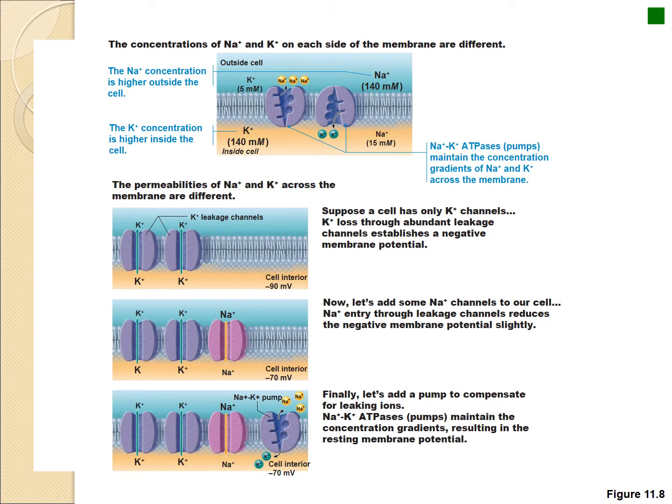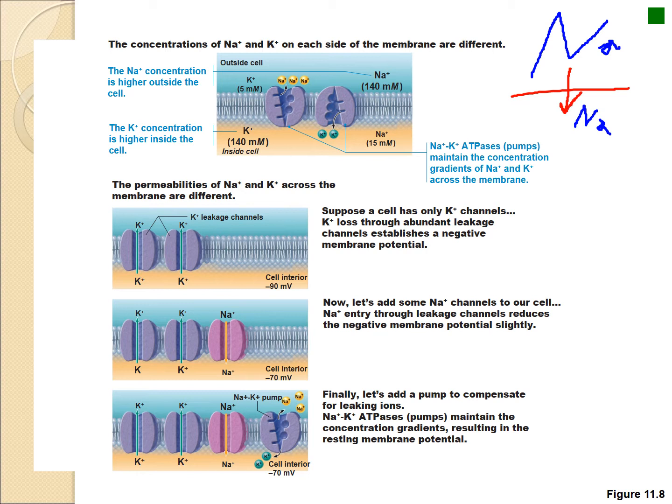So again, when we start looking at the resting cell, a resting cell is not really at rest. What it is doing is taking into account what we call leakage. Because this cell has a large amount of sodium on the outside and a small amount on the inside, the principles of diffusion are going to try to force that sodium to go across the membrane into the cell.